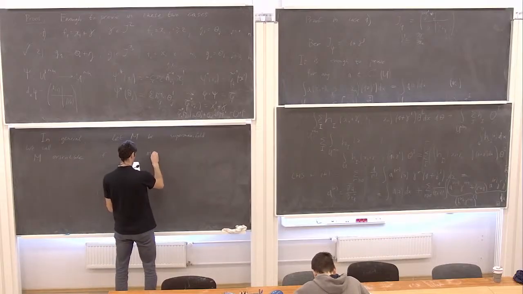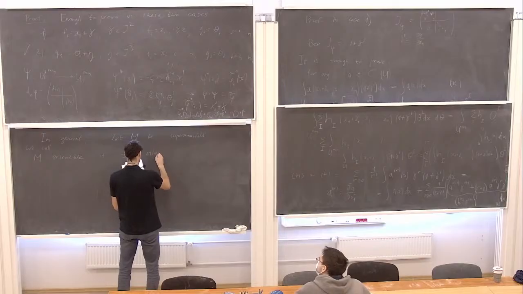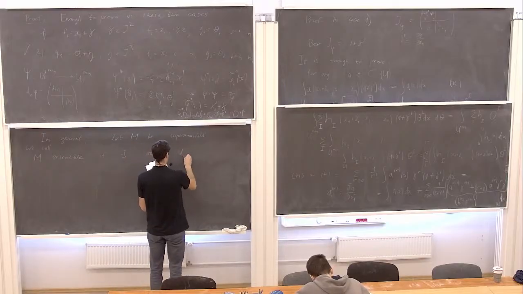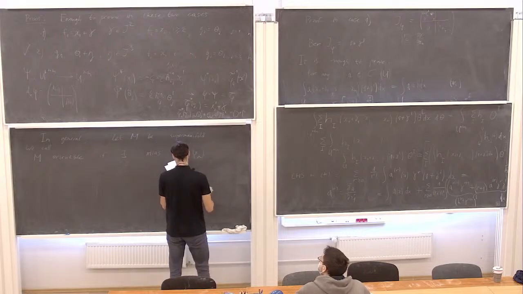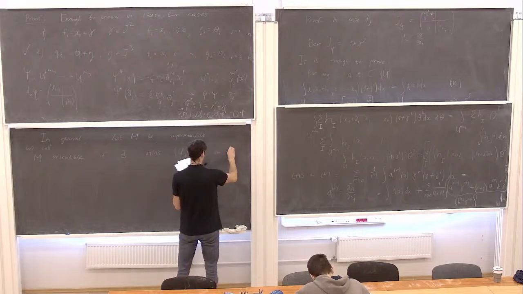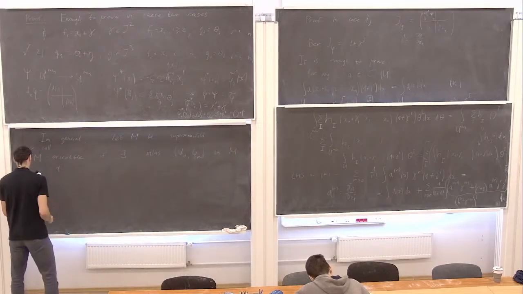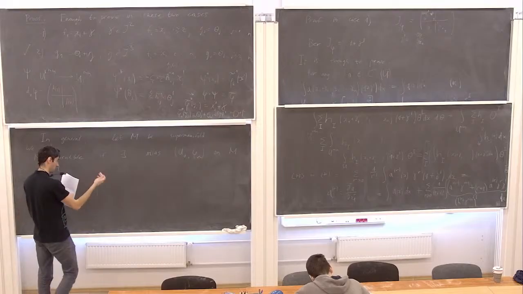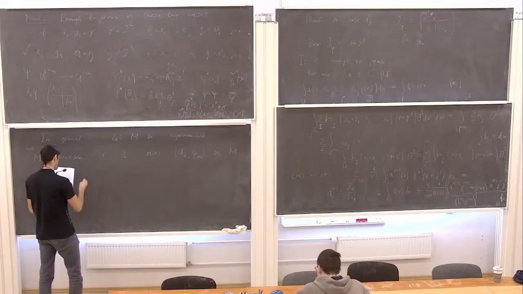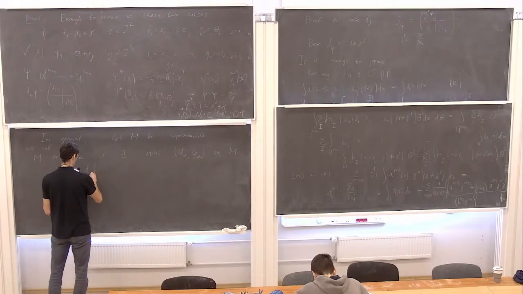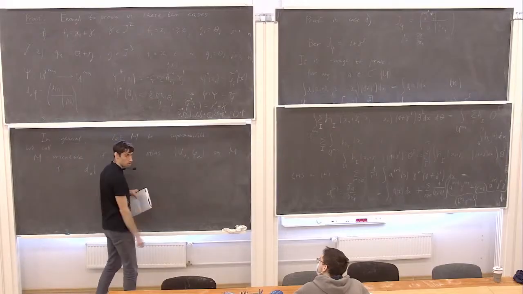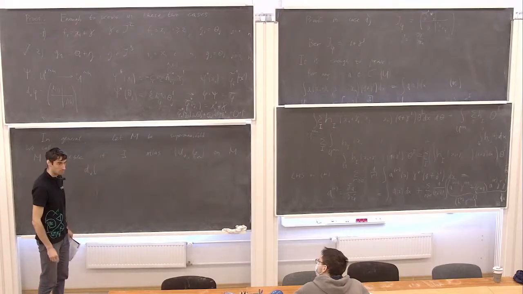a super atlas, U alpha, phi alpha, on M, such that the corresponding transition maps, which are morphisms of supermanifolds, right?